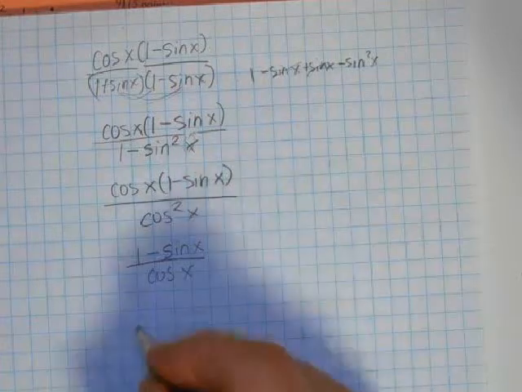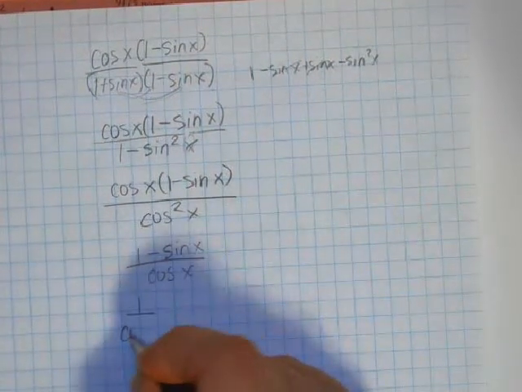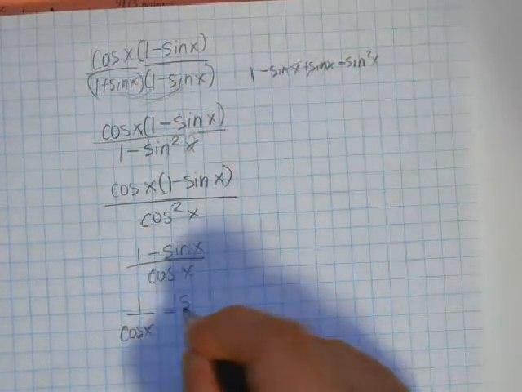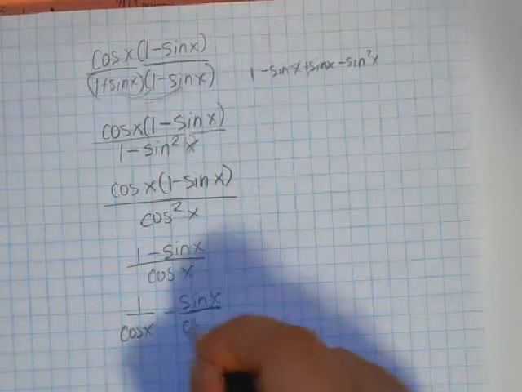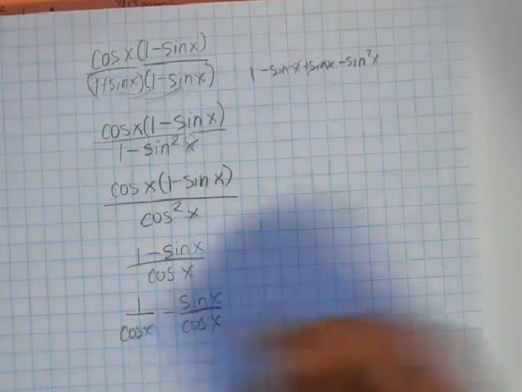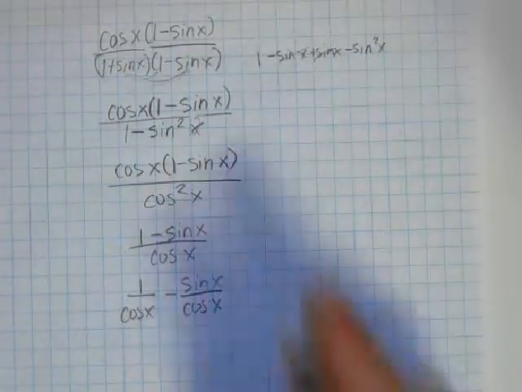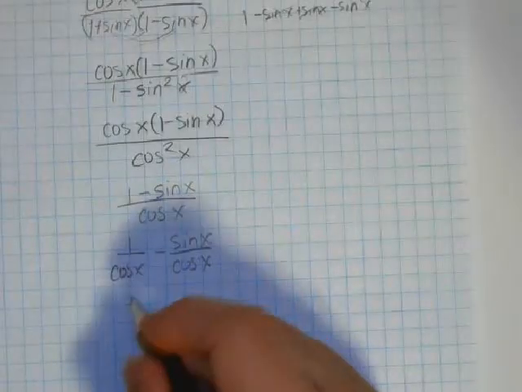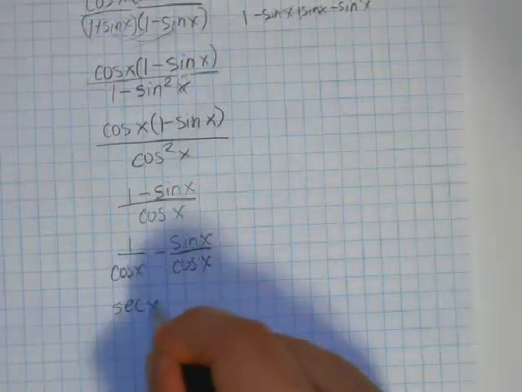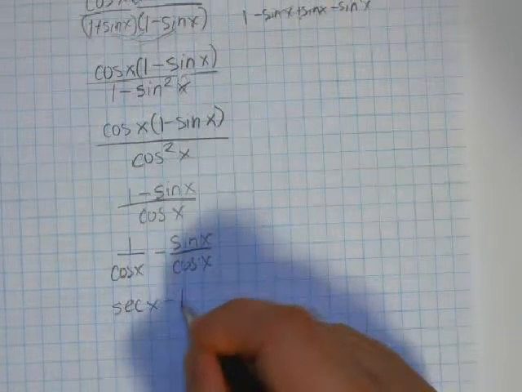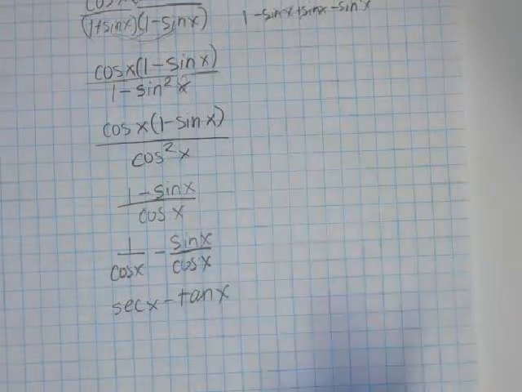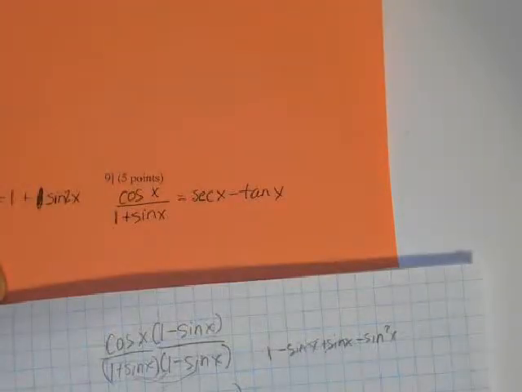If we split up the fraction, we get 1 over cosine x minus sine x over cosine x. 1 over cosine is secant, and sine over cosine is tangent. So we get secant x minus tangent x, which was what we were looking for.